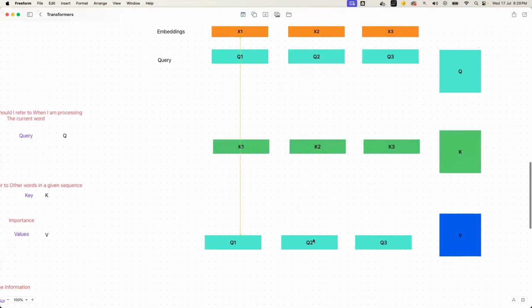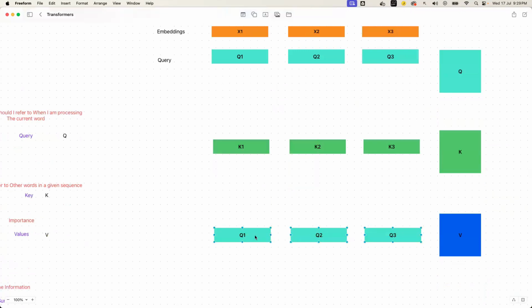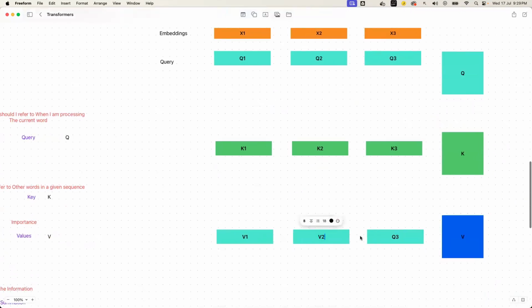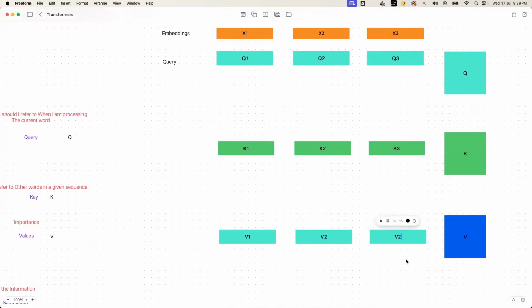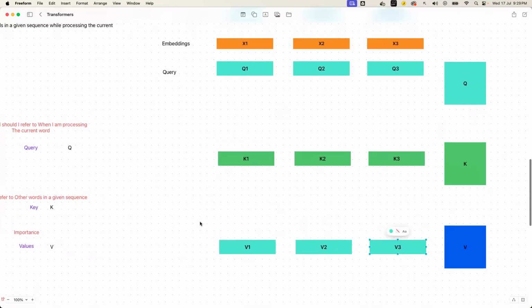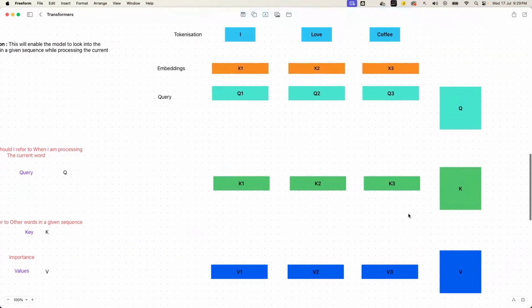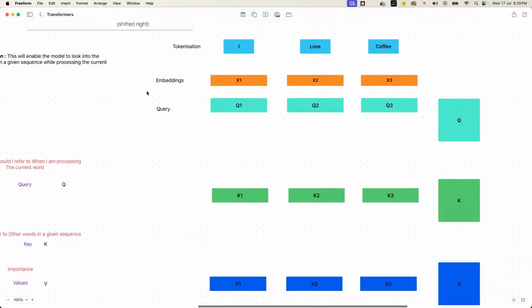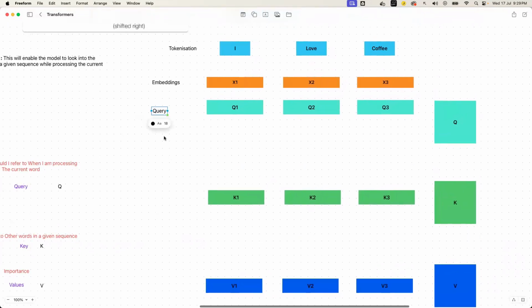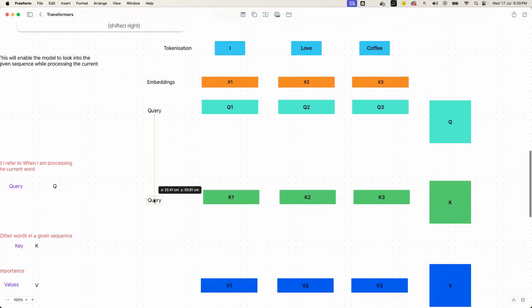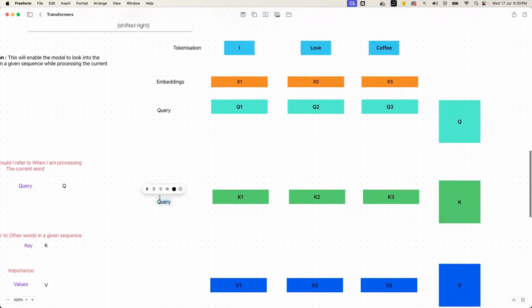Then I will generate three more values, that is V1, V2, V3. So all of you with me so far? If you're with me, please confirm by typing yes. Perfect. So we have V1, V2, and V3. With this Q1, Q2, Q3, K1, K2, K3, and V1, V2, V3, we have the respective vectors.